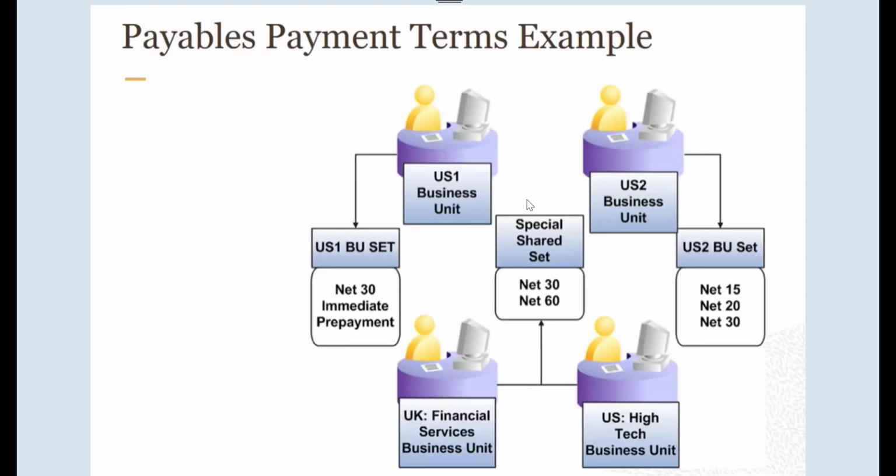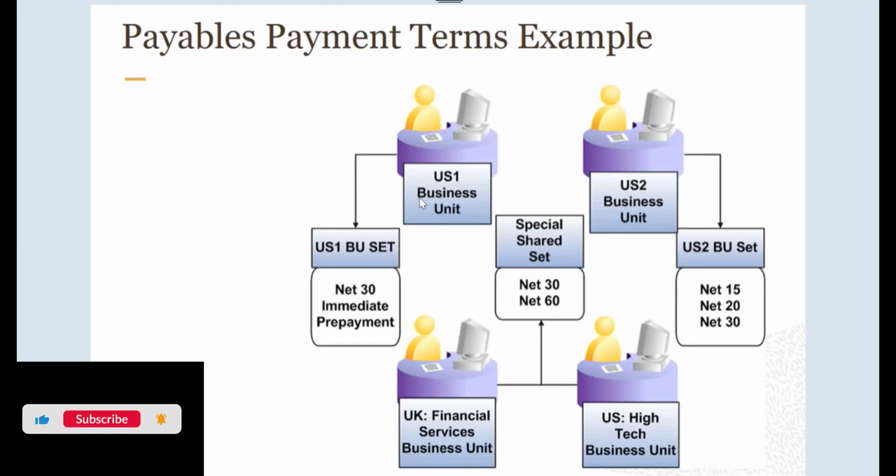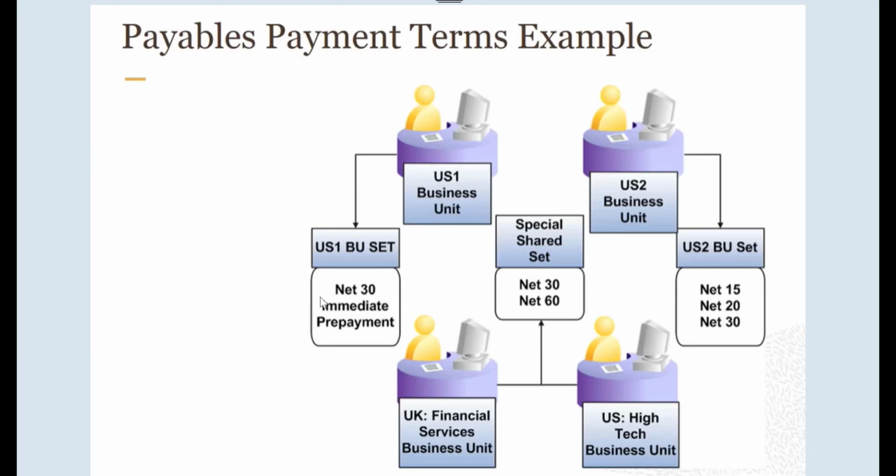So if you look at this example carefully, you will come to know that the US1 business unit is associated to the US1 business unit set, and that business unit set is attached to net 30, immediate, and prepayment payment terms. Hence, the US1 business unit will only get access to the net 30, immediate, and prepayment payment terms.